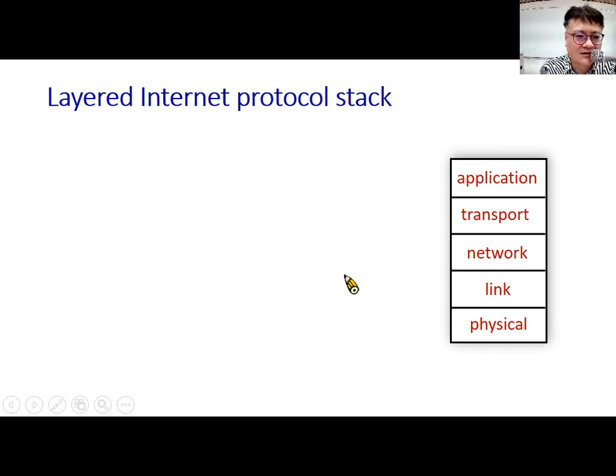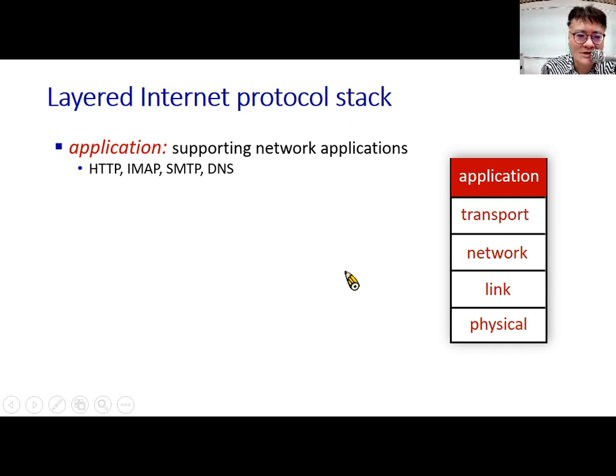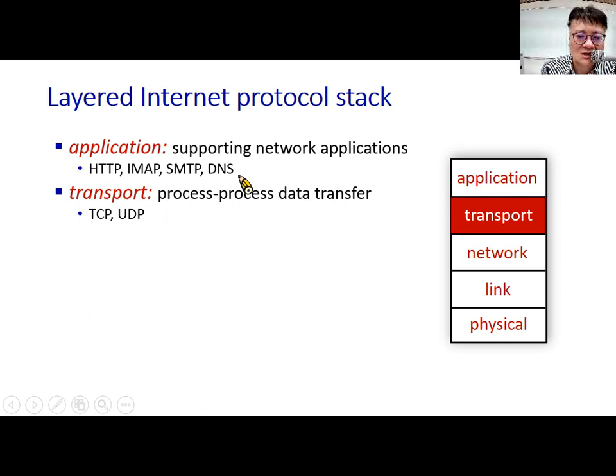So totally, we can compare this to the internet. The protocol stack, layer by layer, is actually almost the same. You can see the application layer. The application layer supports network applications like HTTP, IMAP, and SMTP, which support email, and also the domain name system, right? It changes the domain name to the IP address. That is in the application layer. Also, we can see the transport layer.